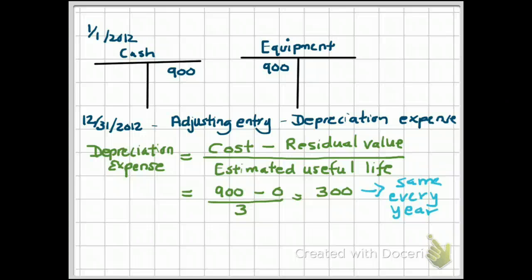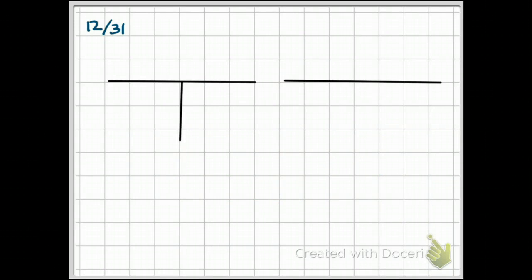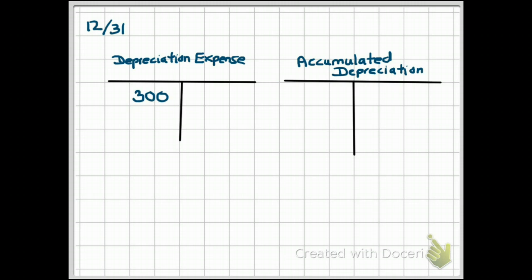Now that we know how much depreciation expense is, our next step is to do the adjusting entry. Again, I'm not going to show you the journal entry. What I'm going to show you is your T accounts, which is a visual representation of your ledger accounts. Don't forget that. Whenever you're recording depreciation expense, there are two accounts that are affected by that entry.